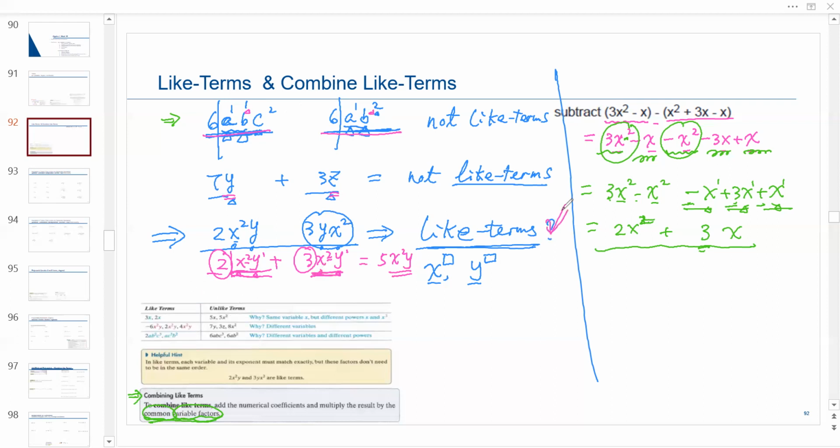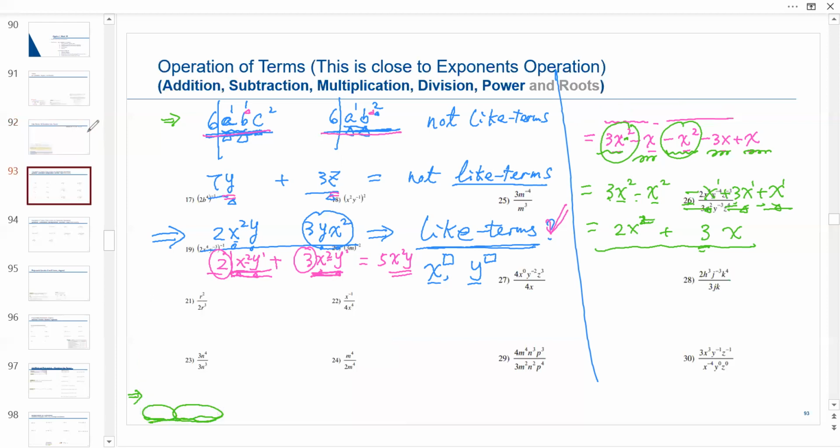They are like terms. So we talked about terms and like terms, and combining like terms happens when they do addition and subtraction. Only like terms can combine together, right? All right, let's move on to some more detailed examples, so we become more familiar with these kinds of things.